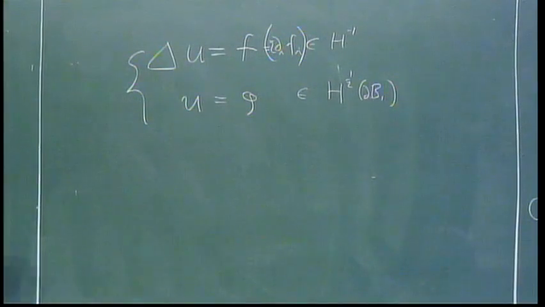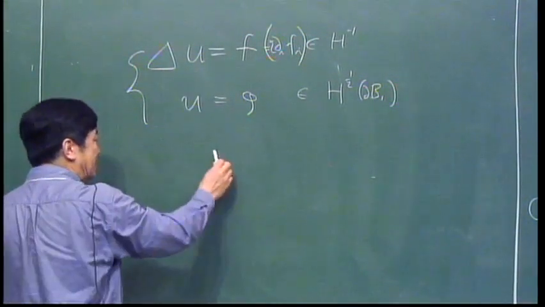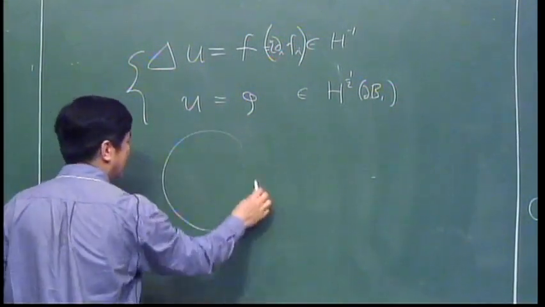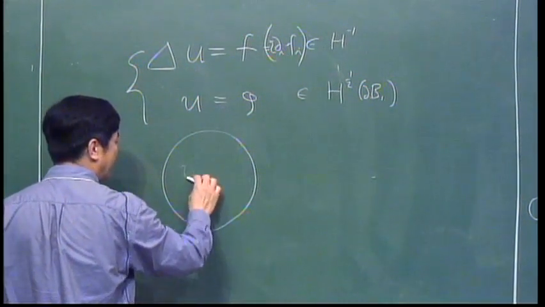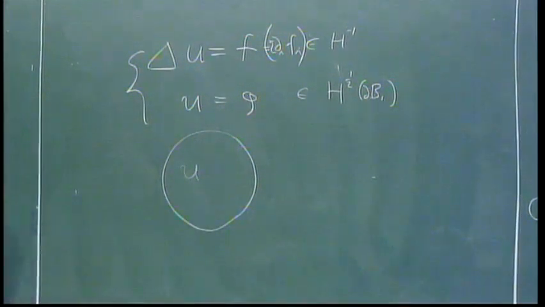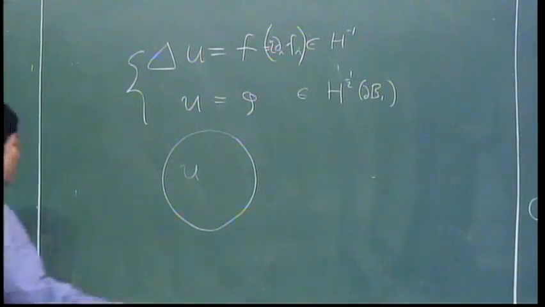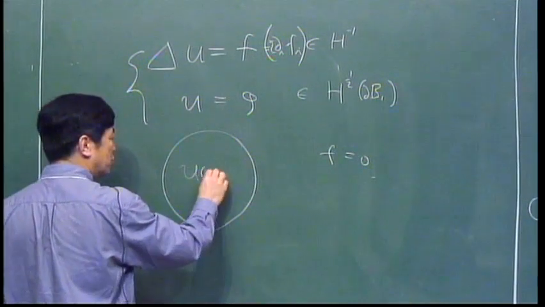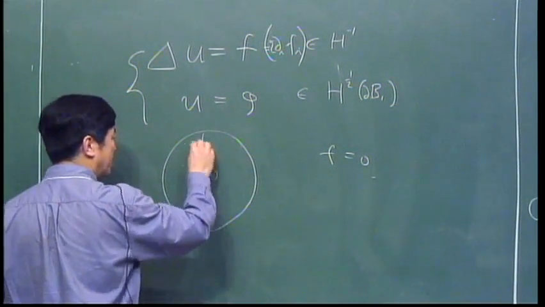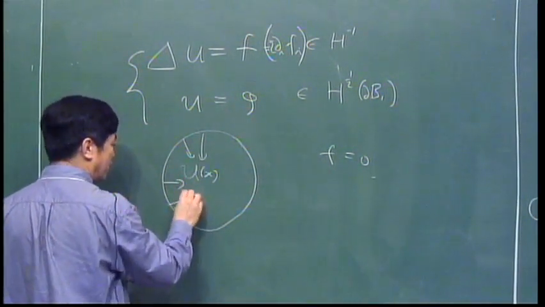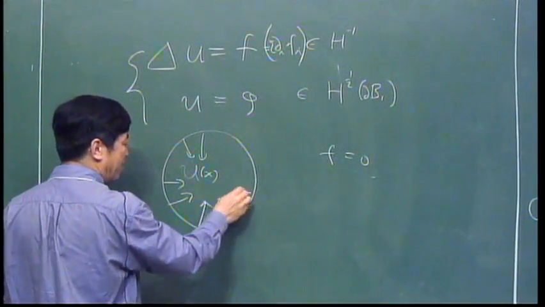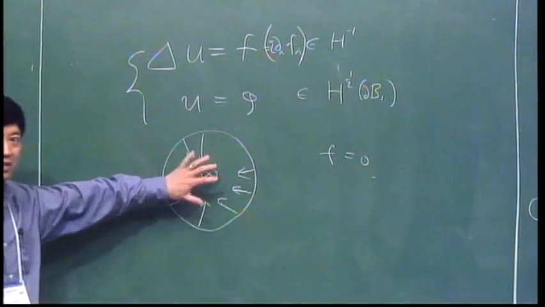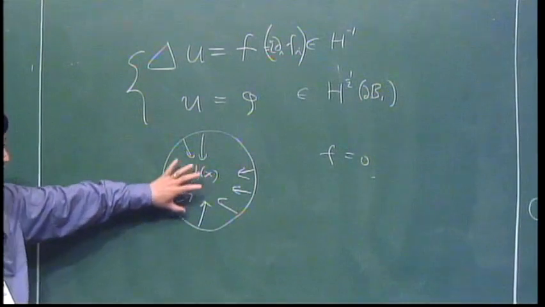So what you observe is that what existence really means is u is defined inside, and the information of u is coming from everywhere. In the case f equals 0, u's value would be a negotiation of results from the boundary. And the result of the negotiation is u is regular.